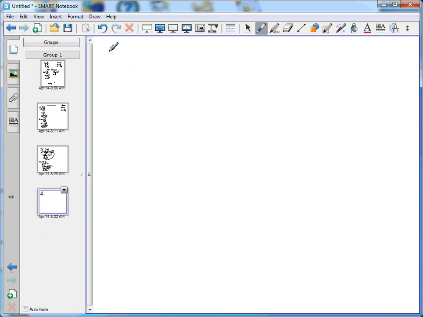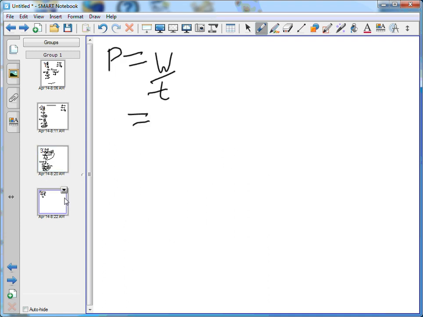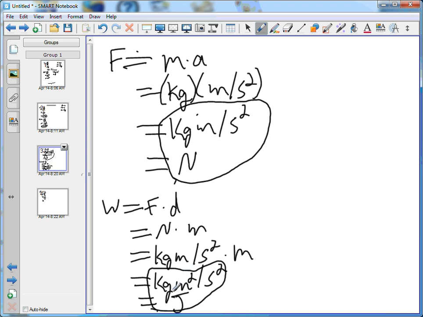You are also looking at power. Power is defined as work over time. Work, we just learned, is measured in joules. So joules over time, time is in seconds. We know that a joule is a Newton meter.